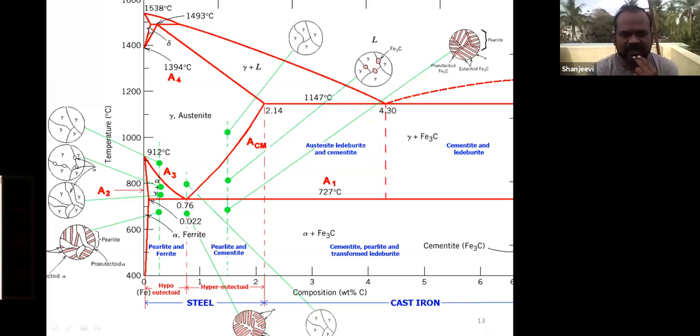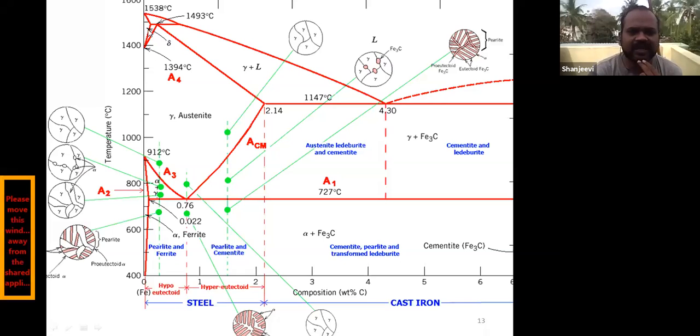Now at this temperature range, one small reaction is taking place. That is at 1493 or 1495 degrees Celsius, there is a formation of delta ferrite. You can see the arrow mark. This is the pure delta ferrite formation. If you want to know the percentage carbon content, are you able to see this point?